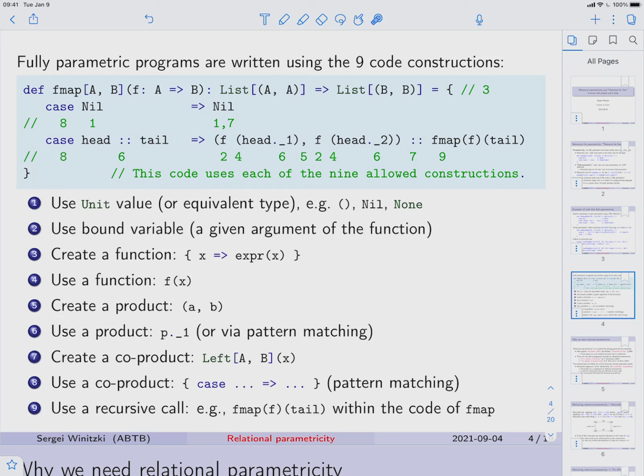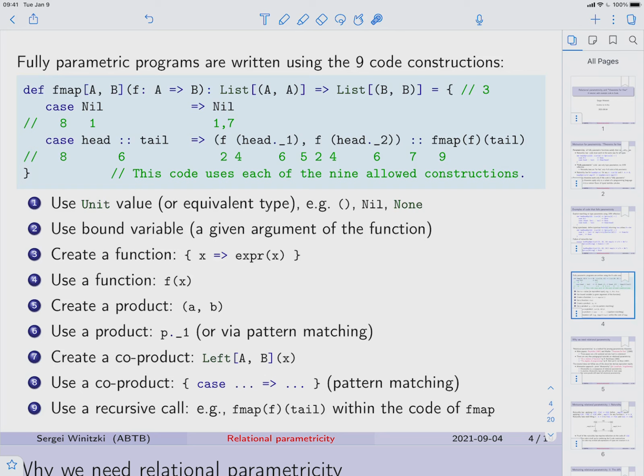So you can use unit value in any place, and not only unit value in the usual standard way, the empty tuple, but also equivalent values, fixed values of some type that is equivalent to unit in some way. Fixed values of fixed types you can use like this.